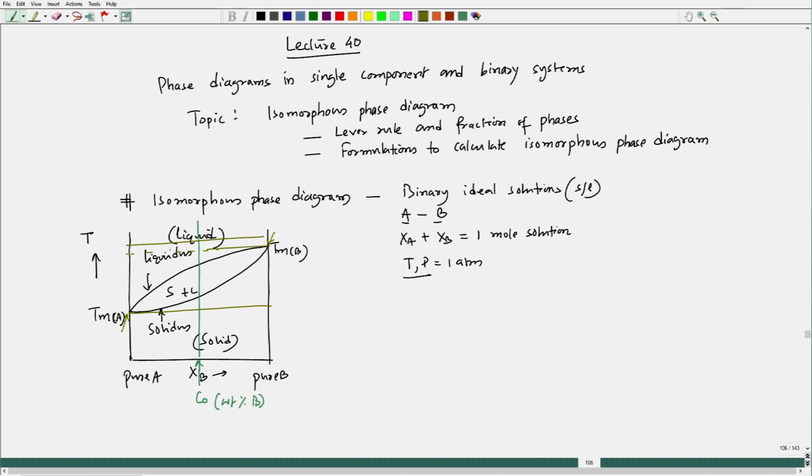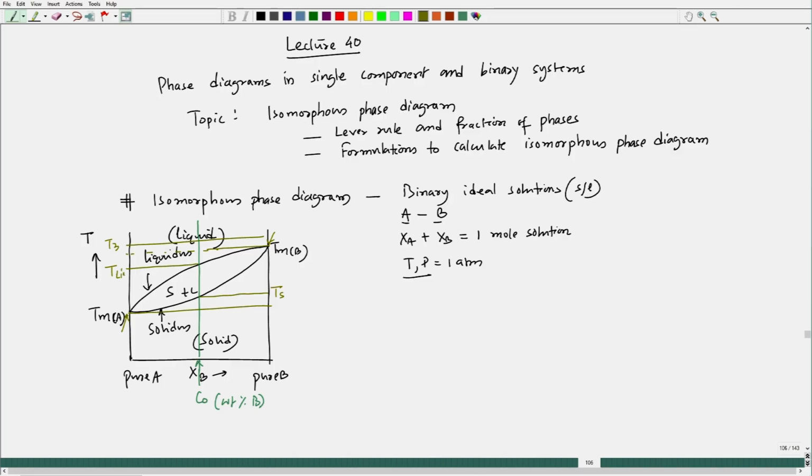Let us say this is one temperature, this is another temperature. Let us say this is T prime, this is T3, or you can say TL, liquidus, and this is Ts, solidus. Ts and TL are basically solidus and liquidus.